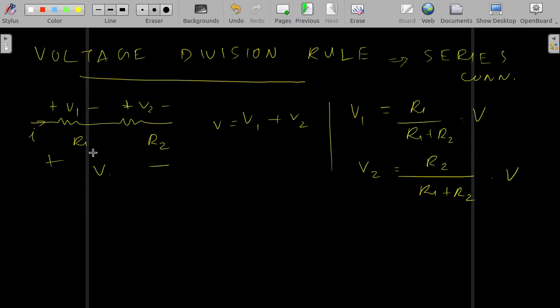If you have more resistance, then more voltage will be dropping there, right?